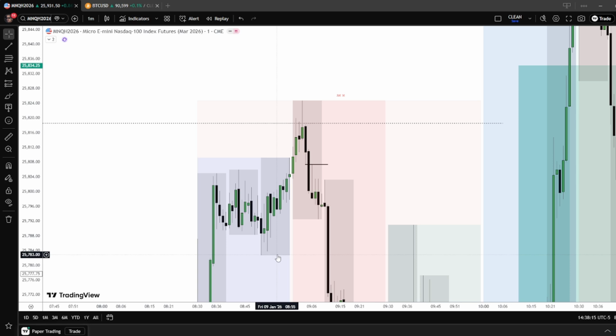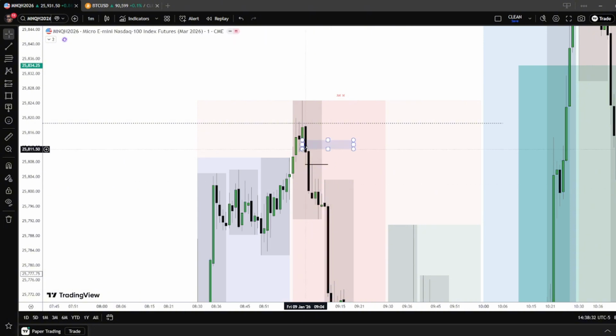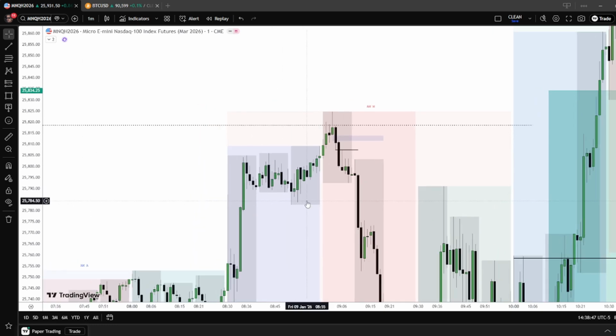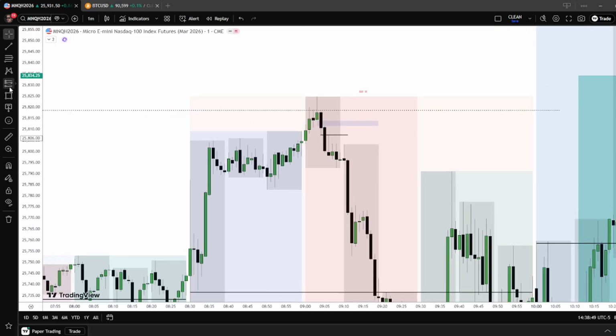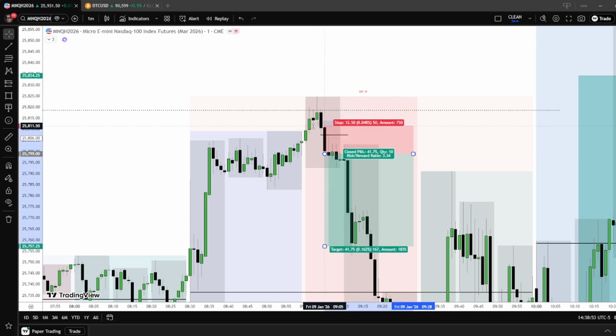And here is the next example. As you can see, clear accumulation, manipulation, V-shape recovery, and after this candle close, the breakaway is created right there. So if this setup is aligning with the full narrative, you can take it with a stop loss right there.